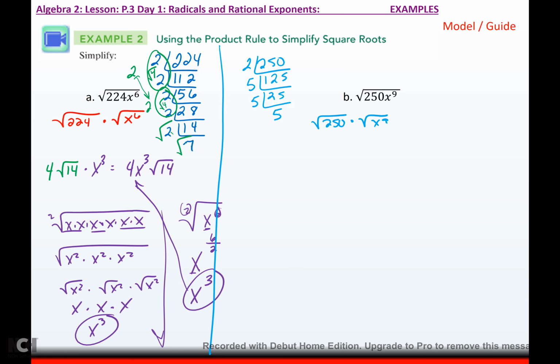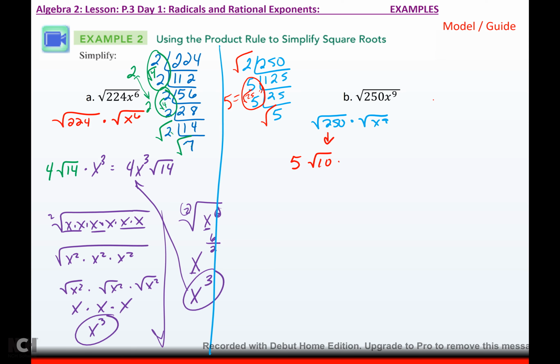By 5 is going to be 5 again. So if I look for perfect squares, 2 of the same number make a perfect square. So there's 2 5's, which is 25, and the square root of 25 is 5. He doesn't have a pair, so he's back in. So this becomes 5 square roots of 10.